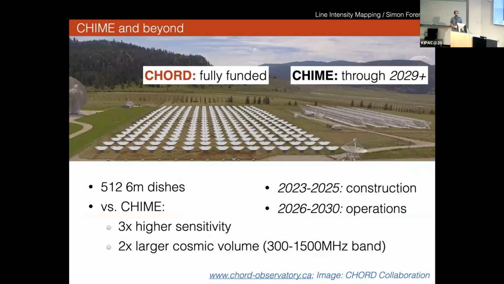The CHIME cylinders are a good idea because they enable you to see a lot of the sky a lot of the time, and they also make calibration a bit easier, but they also introduce several problems, namely the shape of the beam response to the sky from an individual cylinder is incredibly complicated. You can have standing waves within the cylinder, which cause all sorts of ripples in the beam. And also having the CHIME antennas so close to one another means that they just broadcast noise from the electronics, which is then measured by nearby antennas. And this is also a problem that we have to deal with.